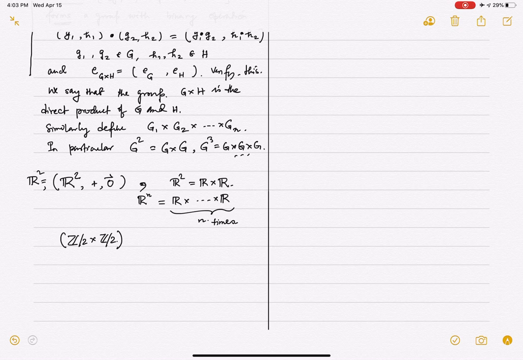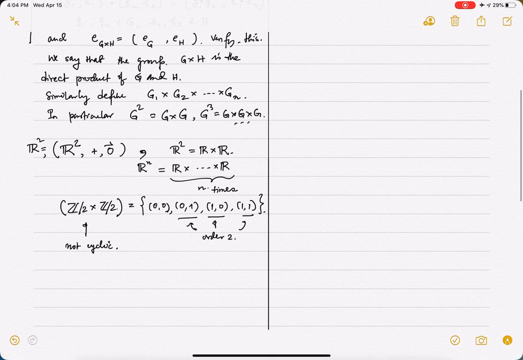That's a group of order 4. It has 4 things, (0,0), (0,1), (1,0), (1,1). Each non-trivial element, these 3, has order 2, you can check. And that immediately proves this is not cyclic.